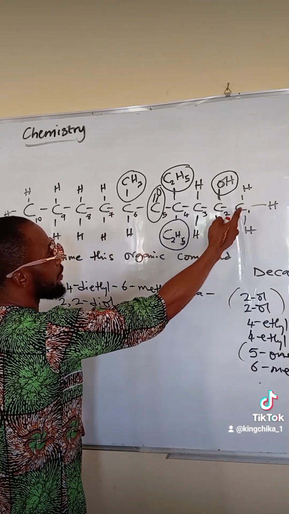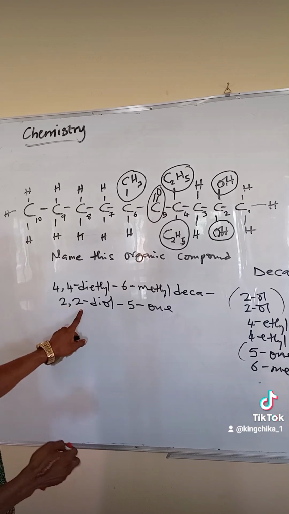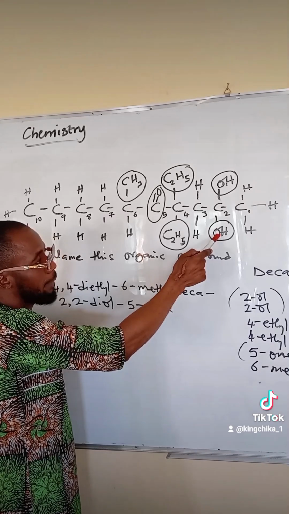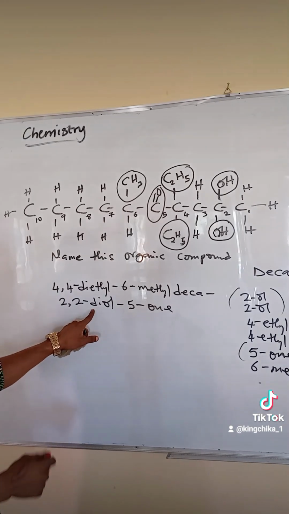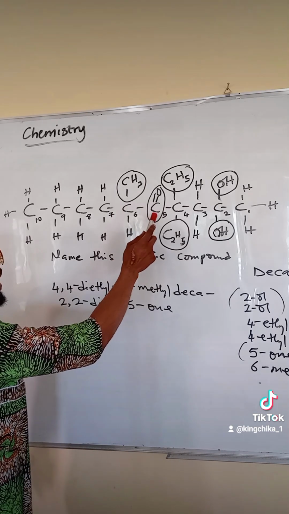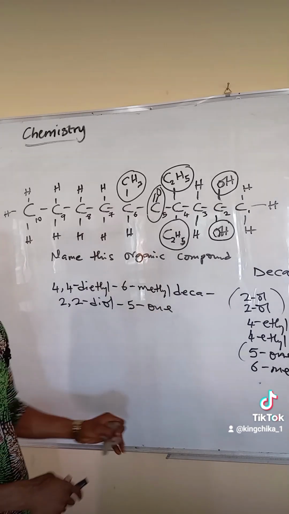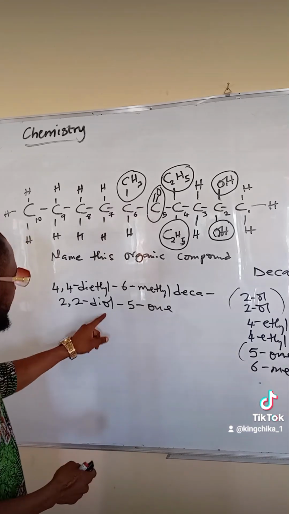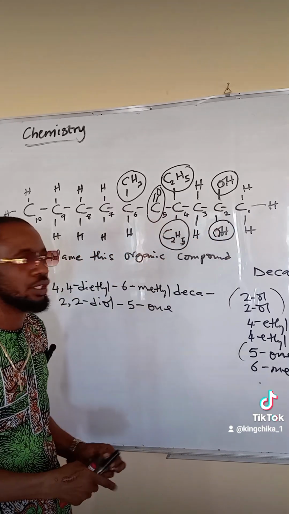Deca simply means it has 10 carbon atoms. 2,2-diol means on carbon 2 we have alkanol and another alkanol on carbon 2, so therefore you should carry the word di. 5-one simply means ketone on carbon 5. And the name must end with ol because in order of priorities, alkanol is greater than ketone. Thank you very much.